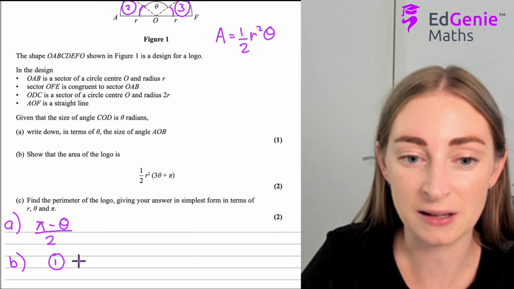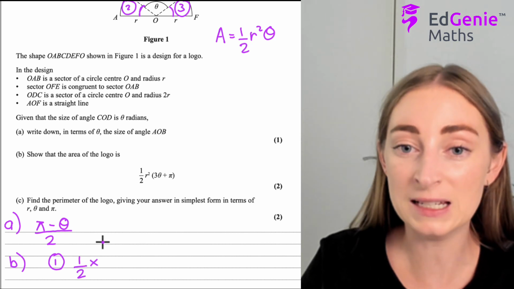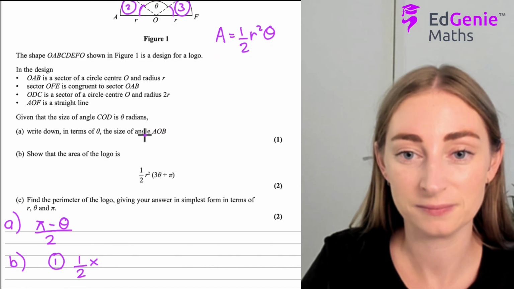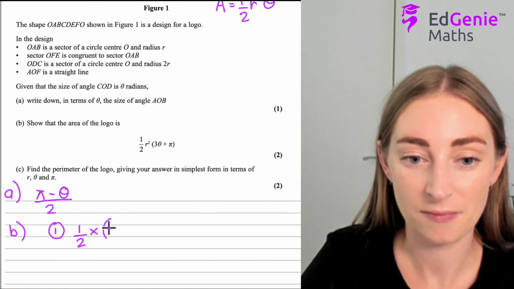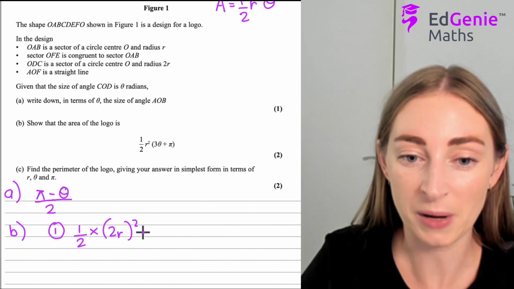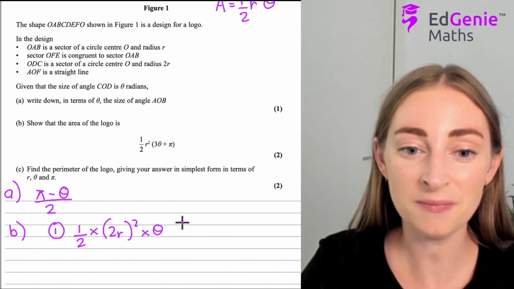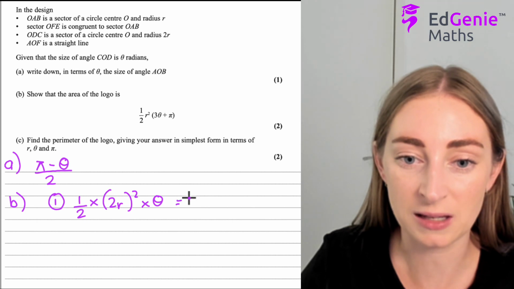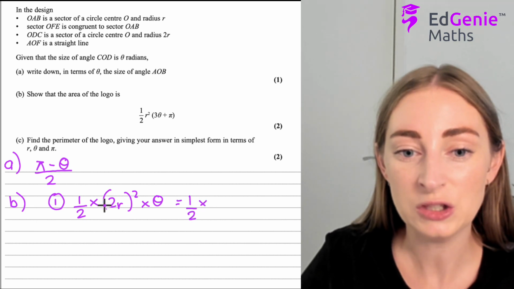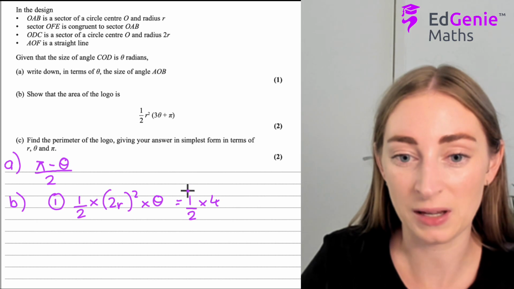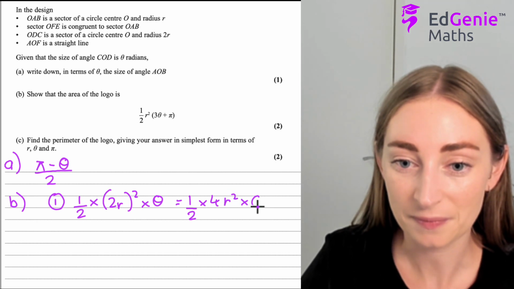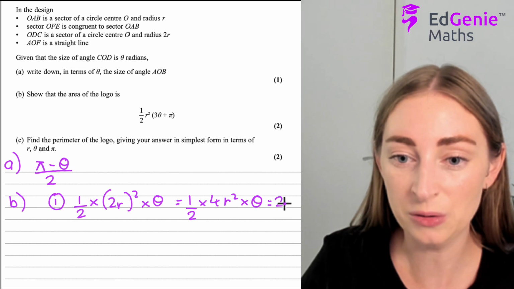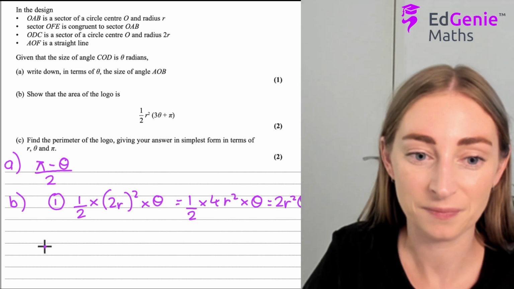So area is going to be half times our radius squared, but our radius is 2r, times by our angle, which was theta. Let's simplify this a little bit before we do the next one. That's going to be half times 2 squared is 4, r squared is r squared. This can cancel out to be 2, so that's going to be 2r squared theta.